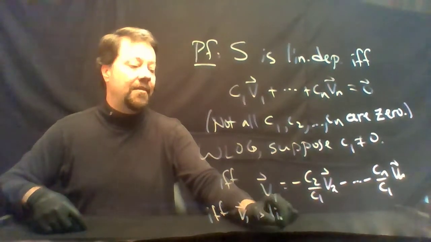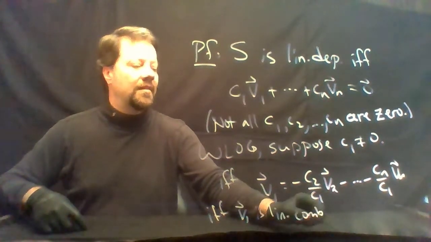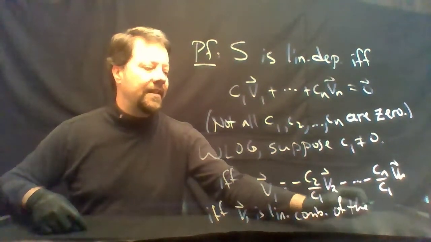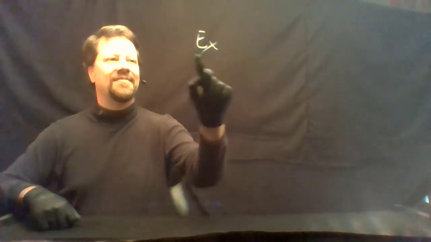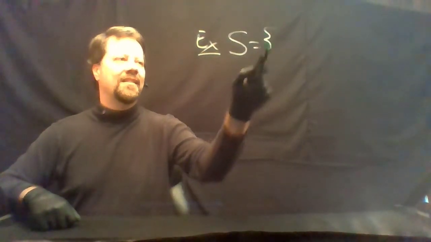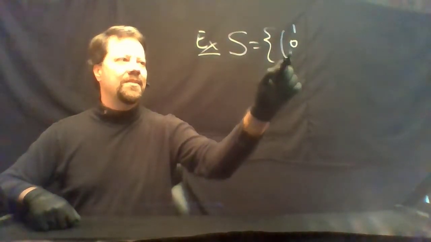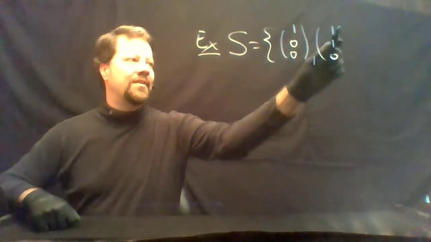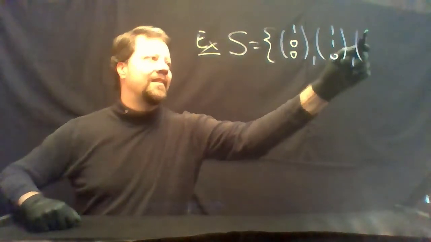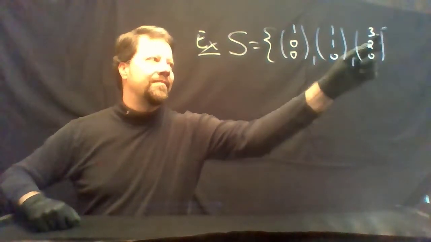V1 is a linear combination of the others. For example, suppose our set S contains 1, 0, 0, 1, 1, 0, and then 3, 2, 0.